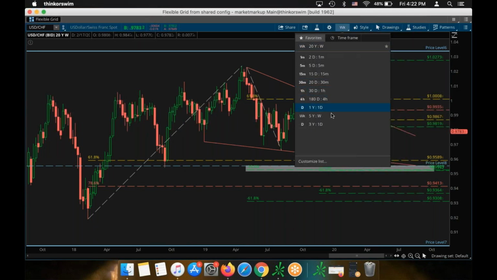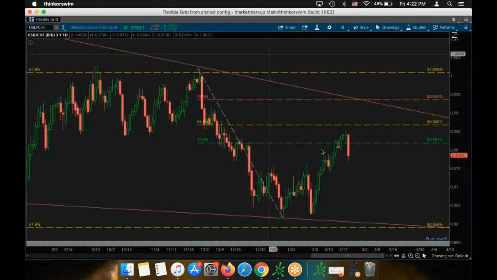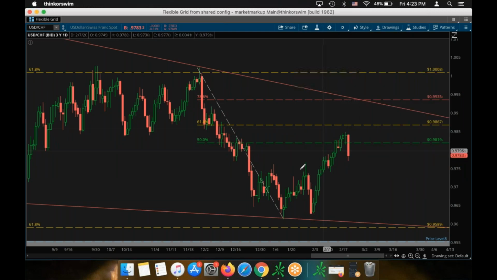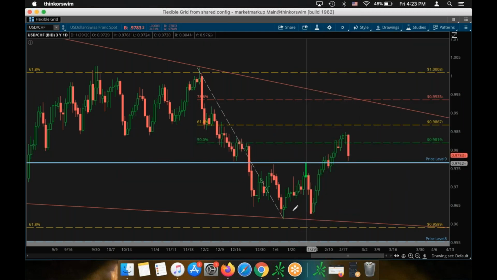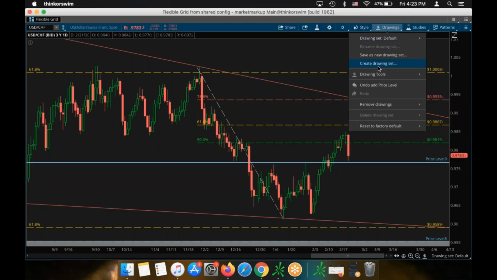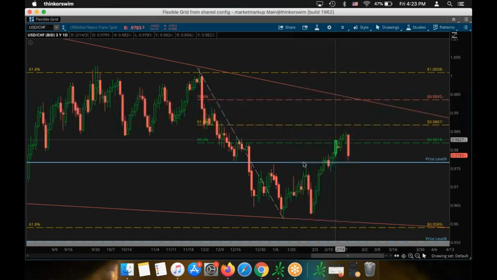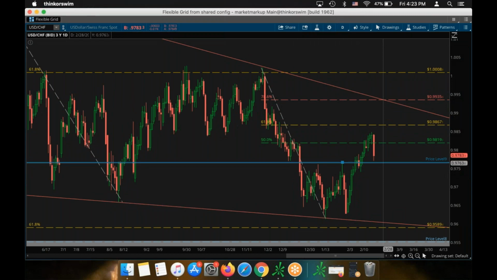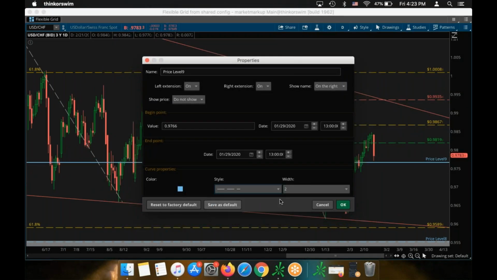Now, if we drop this down to the daily, you can see we already started to get some of that momentum out of there. But what we're looking at now is price coming back into a really solid zone. Bear with me. Really solid zone here.